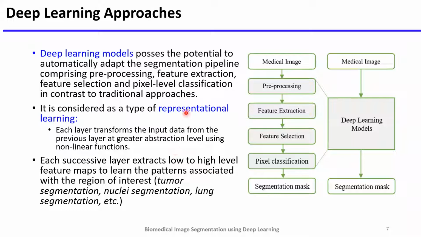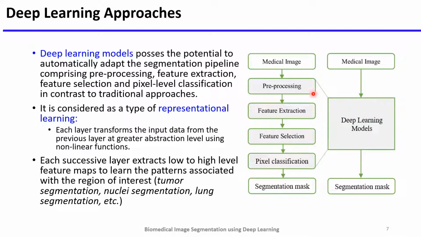Deep learning models can automatically adapt the segmentation pipeline: pre-processing, feature extraction and selection, and pixel classification are done automatically, compared to the traditional approaches.